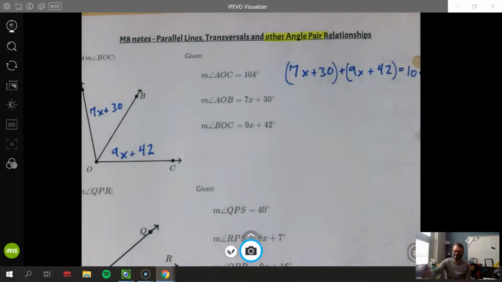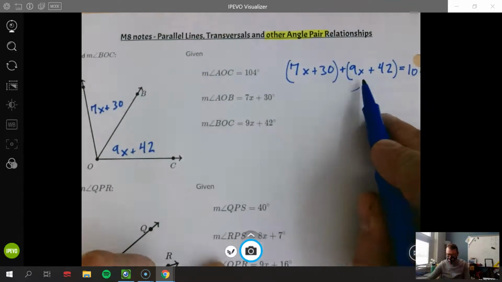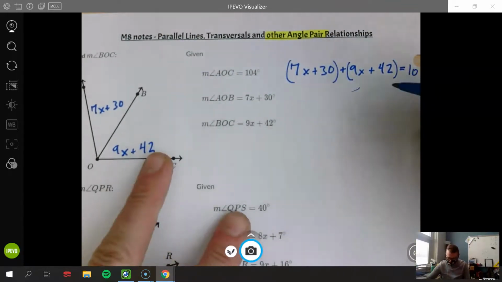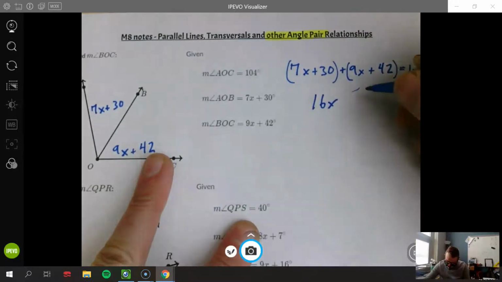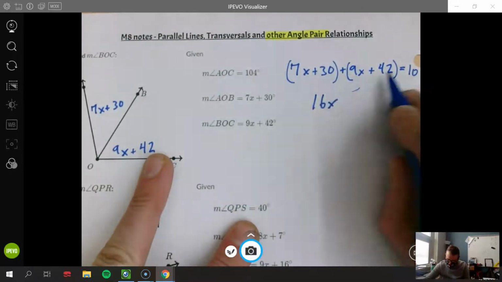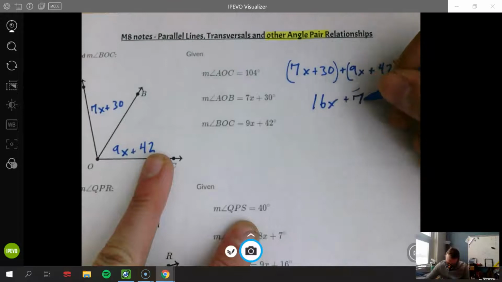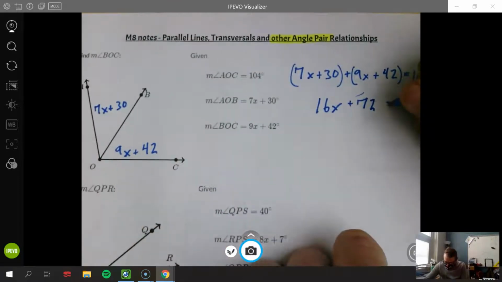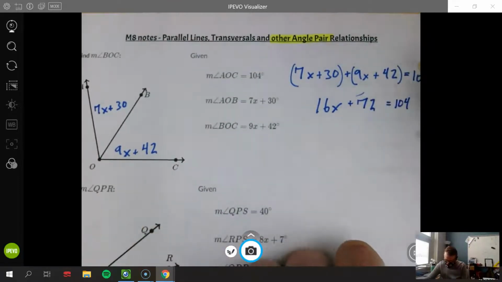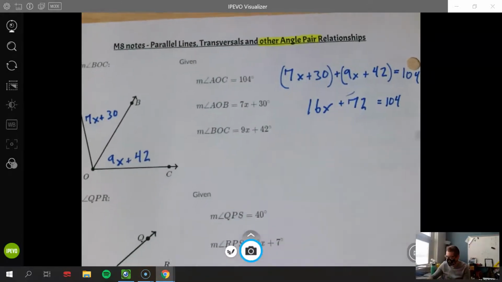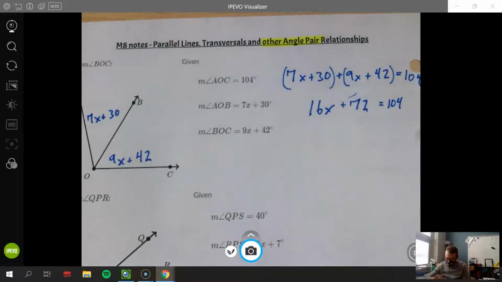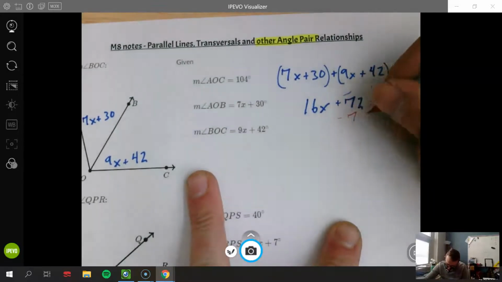It's right there. It says it. Put your x's together. How many x's in total? 16 x's. Put your constants together. 30, 42, 72. There's a trap door coming up. What do I do on both sides? Subtract 72 and hope that I can do math.